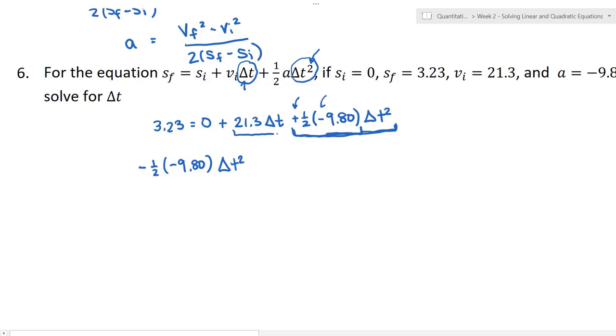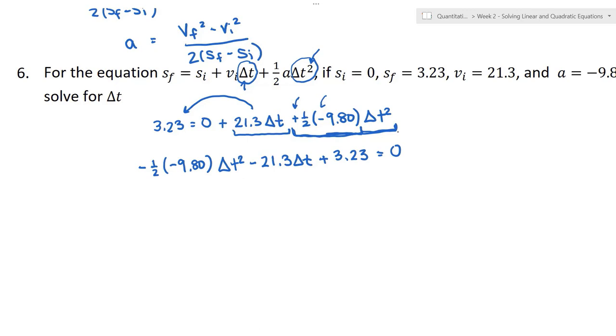Now the 21.3 delta t also needs to get moved over to the other side, so that's going to become negative 21.3 delta t. The 3.23 stays where it is, equals, and we're just left with 0 on the right side because everything else is gone. Now we can simplify.